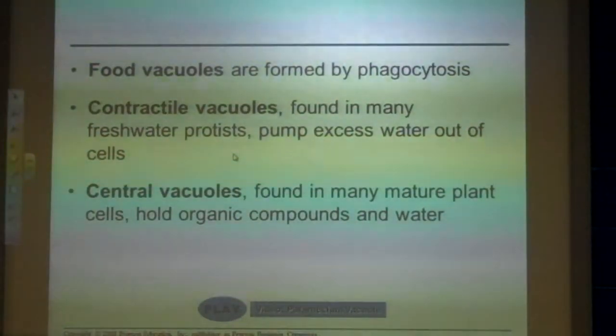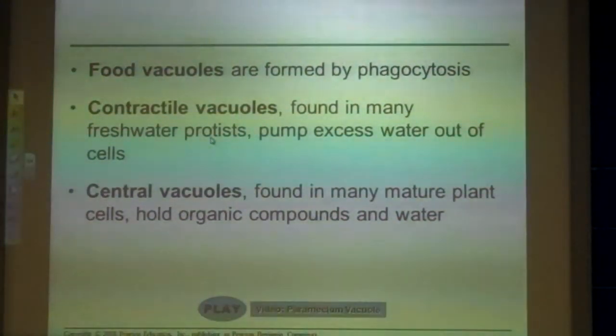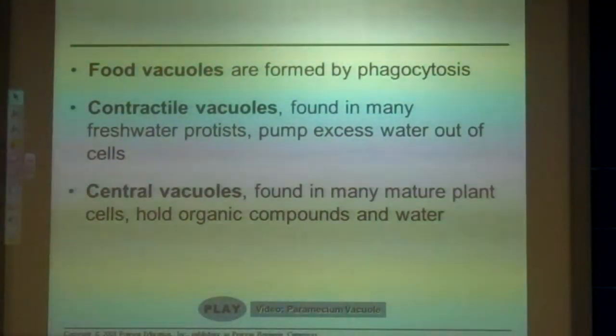All right. Some types of organisms have other types of vacuoles, like the protozoa has a contractile vacuole because it lives in a hypotonic environment and water's going to be going into it, and it'll bust if water keeps going in. So it has a contractile vacuole to squeeze out excess water.